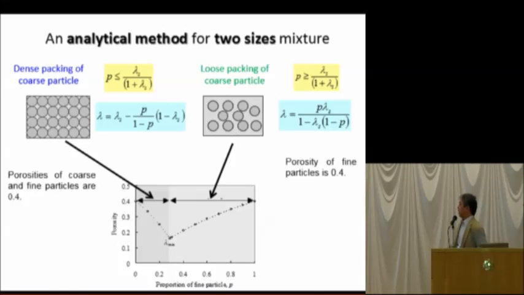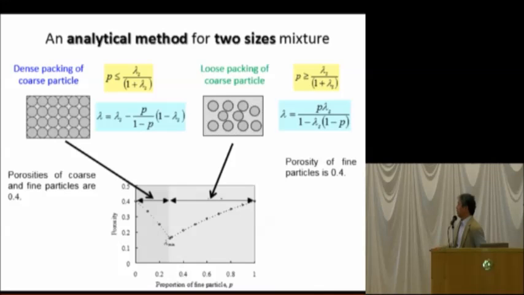If P equals 0, that is no fine particles, only the coarse particles packed. If the porosity of the coarse particles is 0.4, the plot is around here.